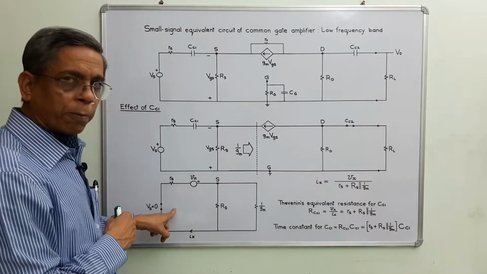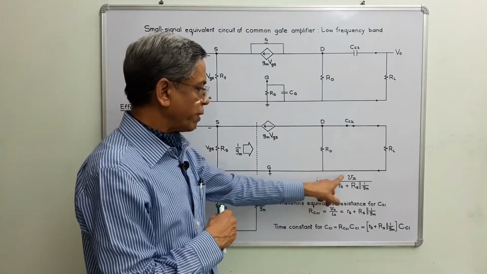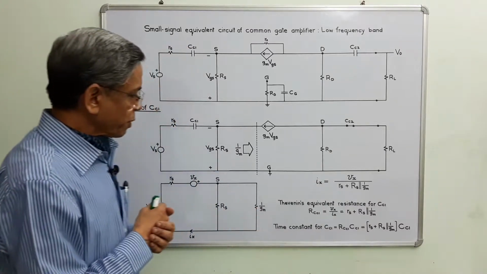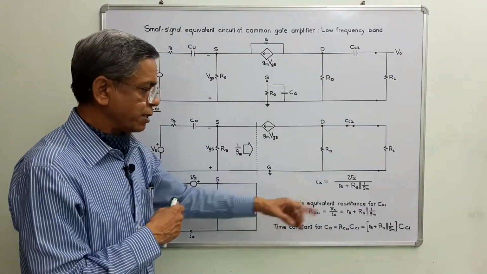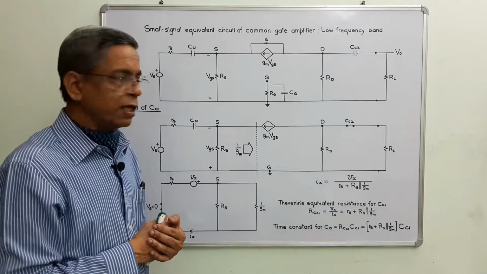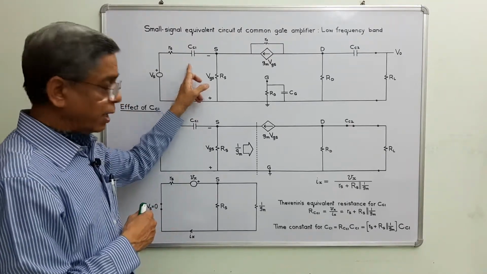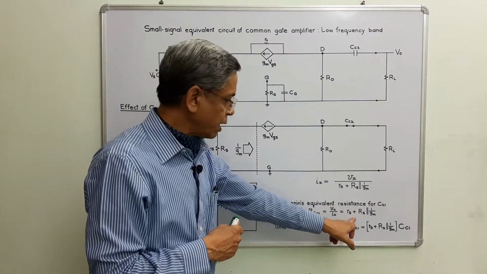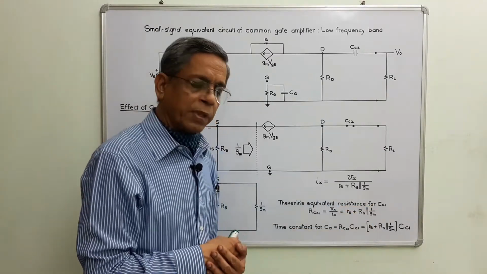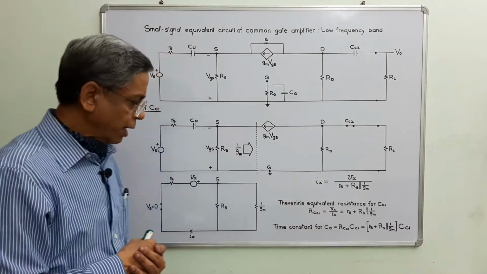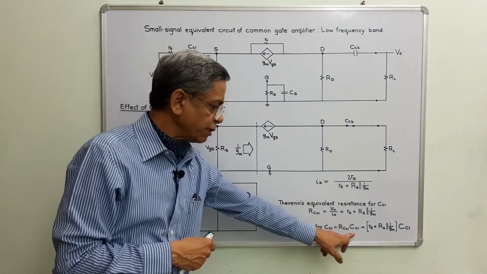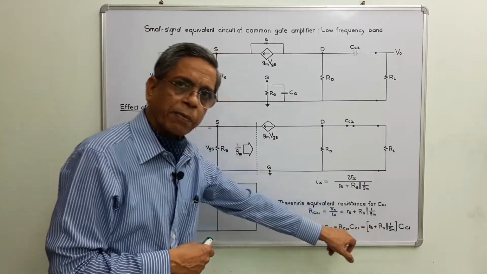The loop current is Vx divided by the total resistance in this loop, and we can write the Thevenin equivalent resistance for CC1, the resistance seen by CC1, equal to Vx by Ix, that is Rs plus the parallel combination of Rs and 1 by gm. From this expression we can write the time constant for CC1, that is RCC1 into CC1, and this is the expression.